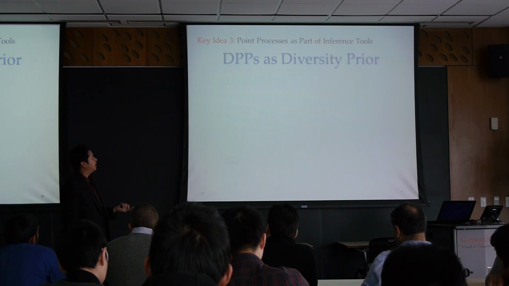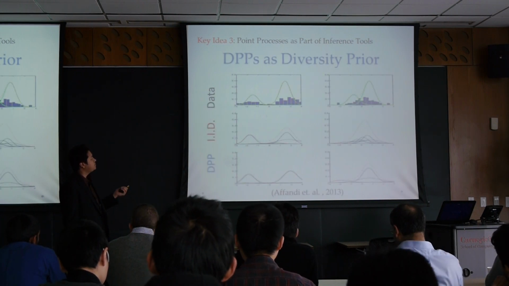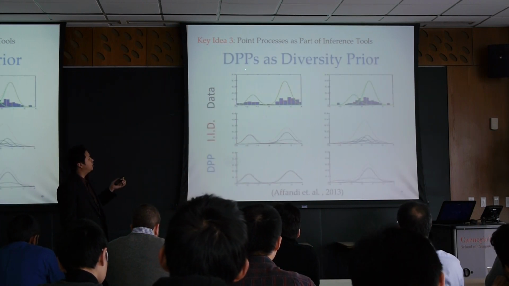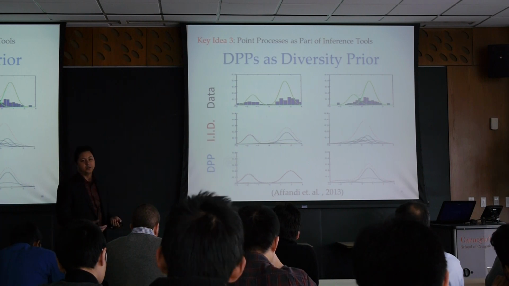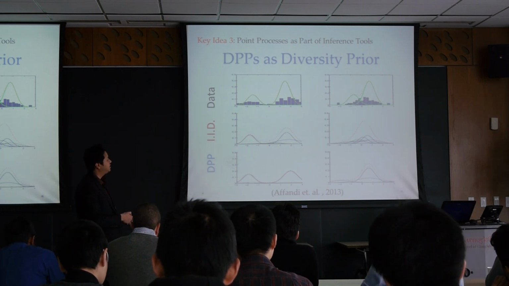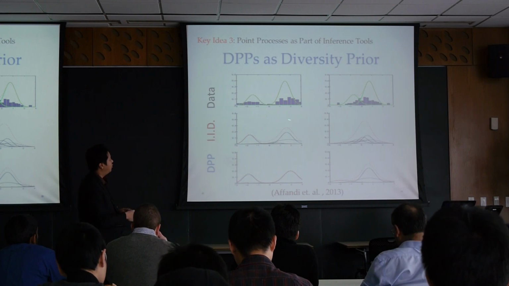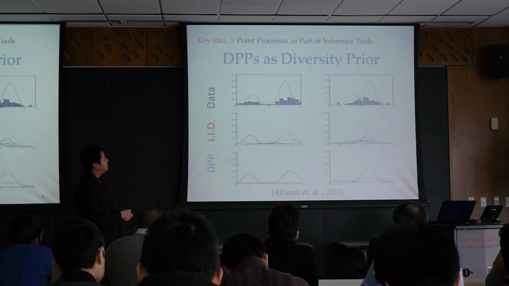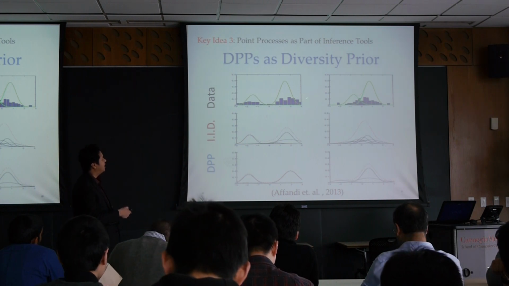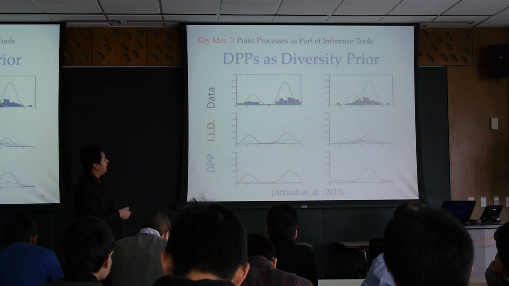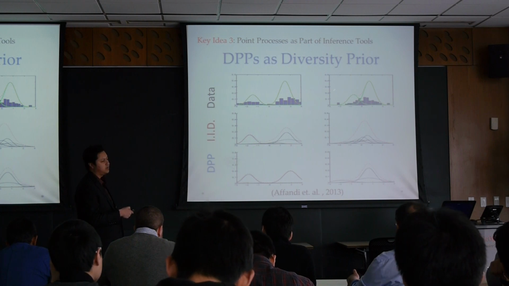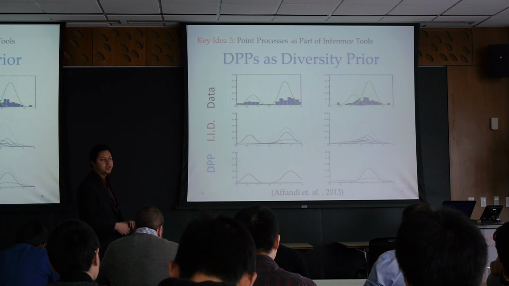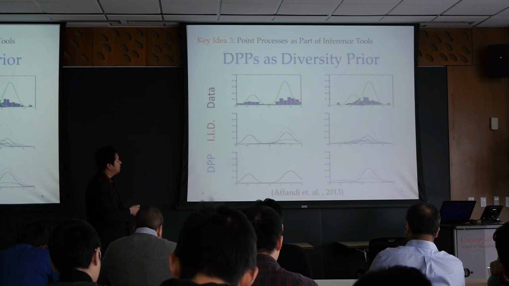For example, in one of my papers, we look at DPPs as a diversity prior, right? So a mixture of Gaussians, and I'll talk about it in more detail later. But the whole idea is that you have an underlying mixture of Gaussians, and you want to learn the mixture of Gaussians using your standard Gibbs MCMC type algorithm.